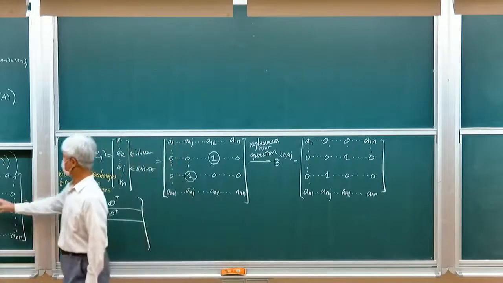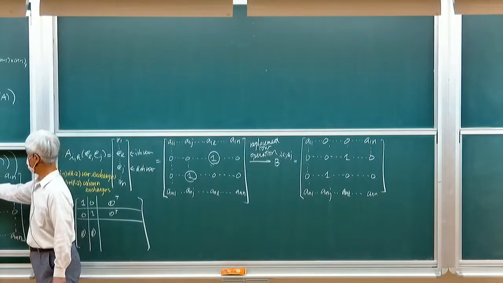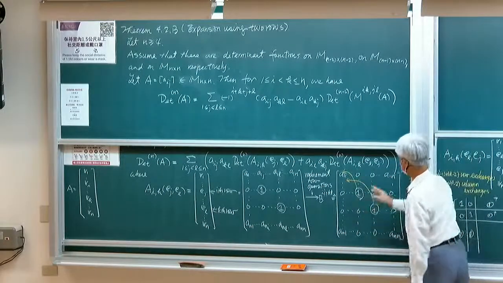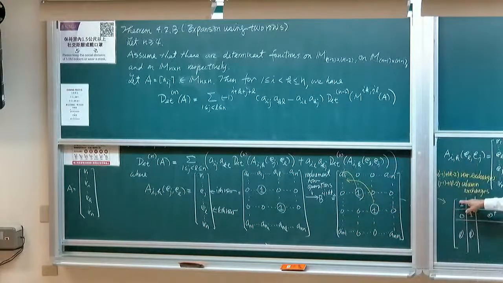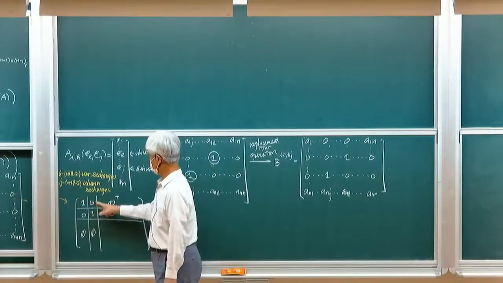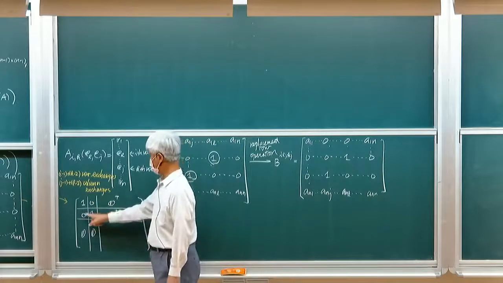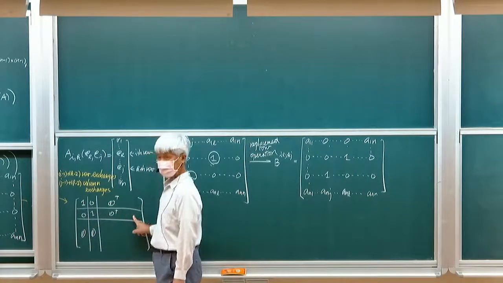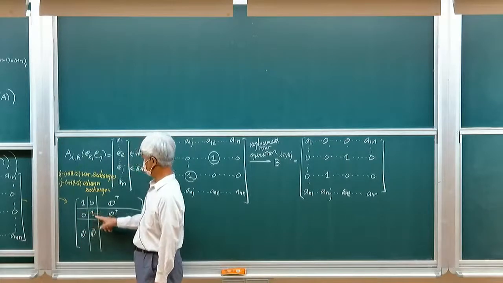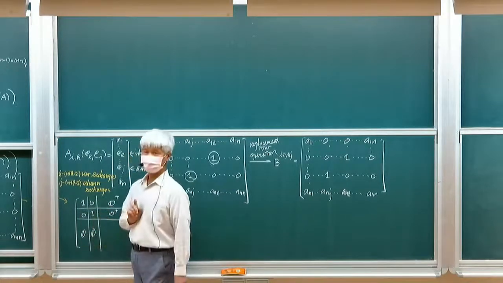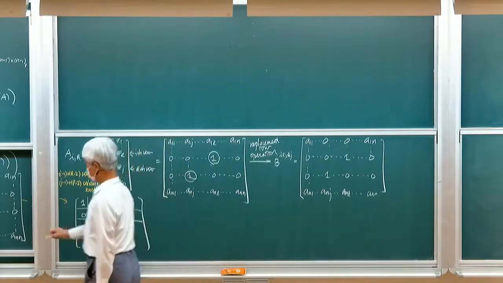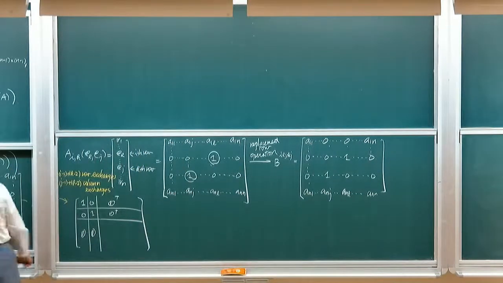So once we move these two entries to the 1, 1 position and the 2, 2 position, then the first row will be 1, 0, 0, 0, 0. The second row will be 0, 1, 0, 0, 0. The first column will be 1, 0, 0, 0, and the second column will be 0, 1, 0, 0, 0. And what is left?